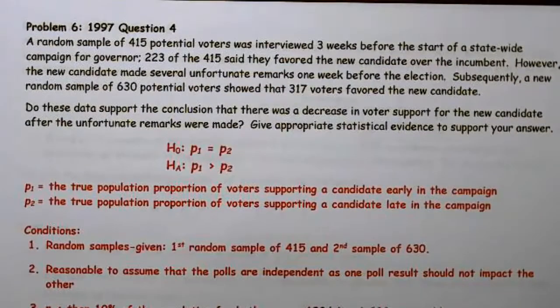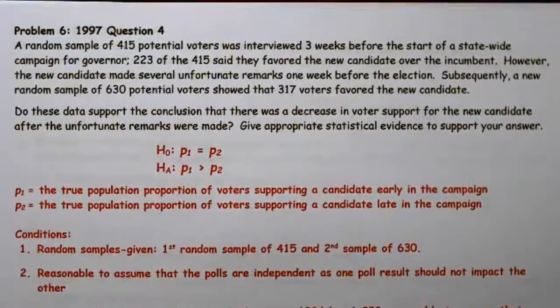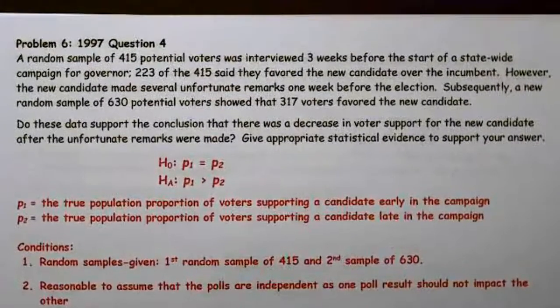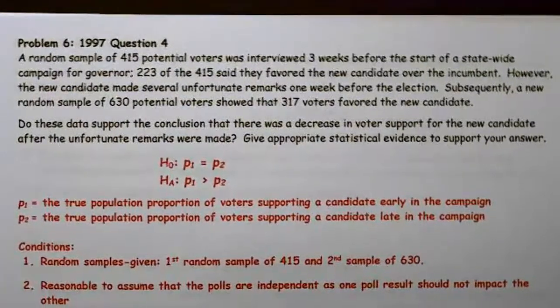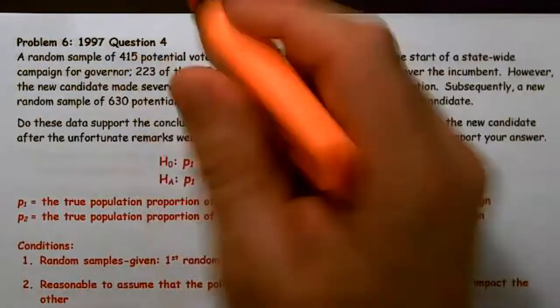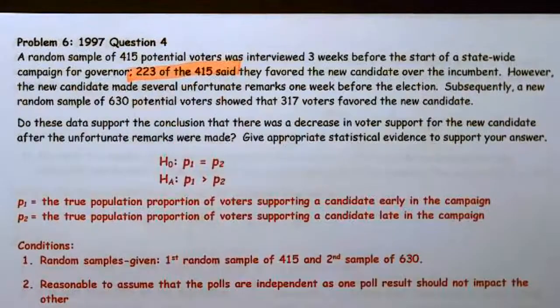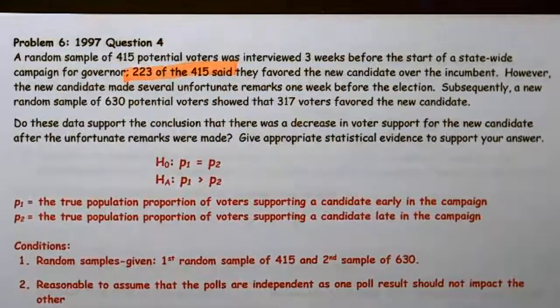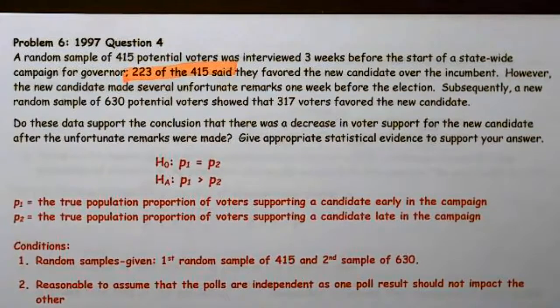Okay. A random sample of 415 potential voters was interviewed 3 weeks before the start of a statewide campaign for governor. 223 of the 415 said they favored the new candidate over the incumbent. However, the new candidate made several unfortunate remarks 1 week before the election.